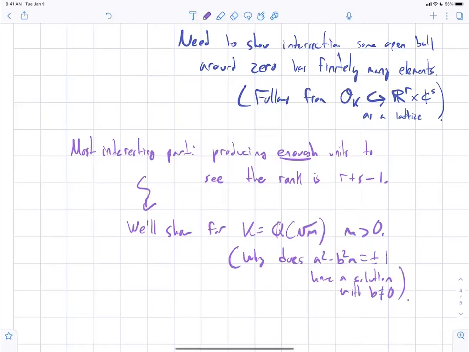If B is not equal to 0, then it's going to be something of infinite order, because the only roots of unity we have are just plus or minus 1, so that would mean B equals 0. So that's what we're looking for.